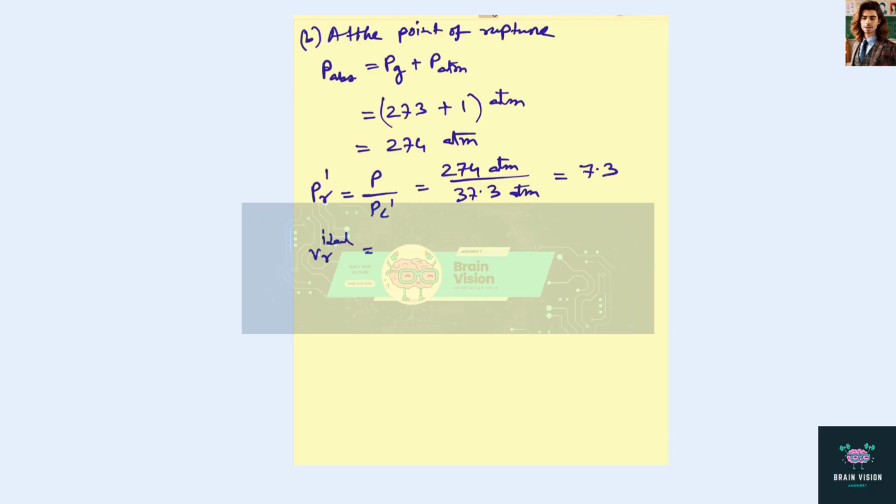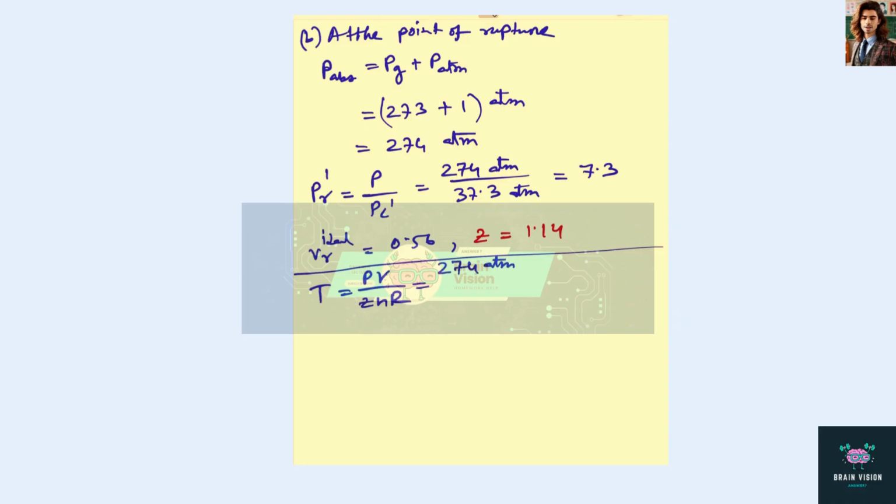Now for this pseudo-reduced pressure and the reduced volume of 0.56, the Z factor is 1.14. Again we can use the compressibility factor equation of state and calculate the value for temperature. Therefore temperature is equal to PV divided by ZnR.